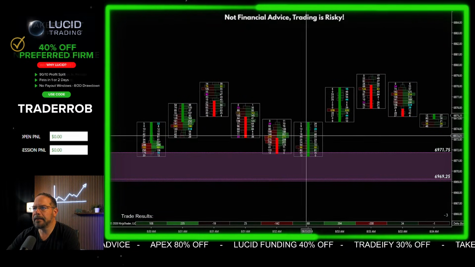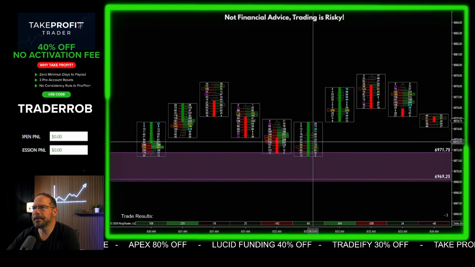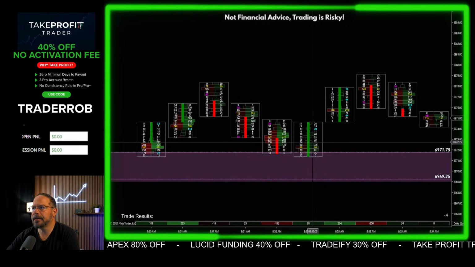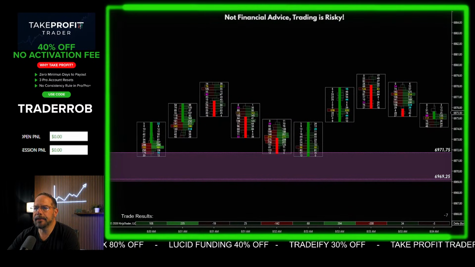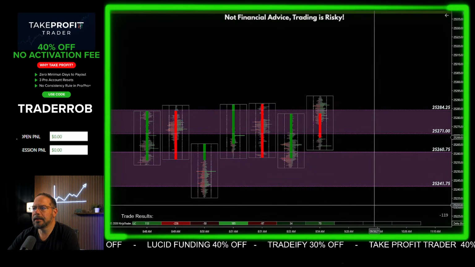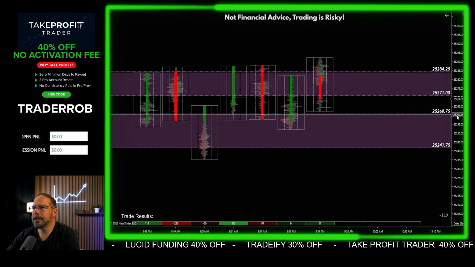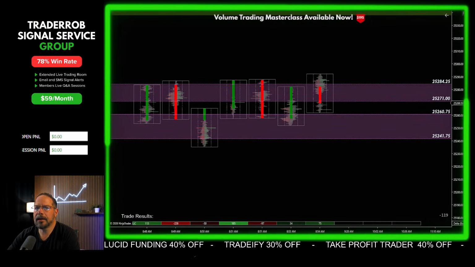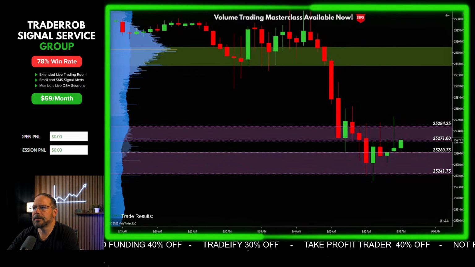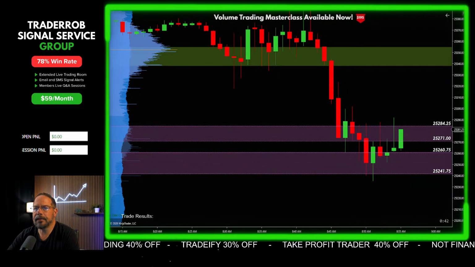We did not get any type of confirmation for a bigger move to the upside here. Not that it can't happen here, but kind of my look here, obviously with price action on the bigger picture, we're still pretty negative here.